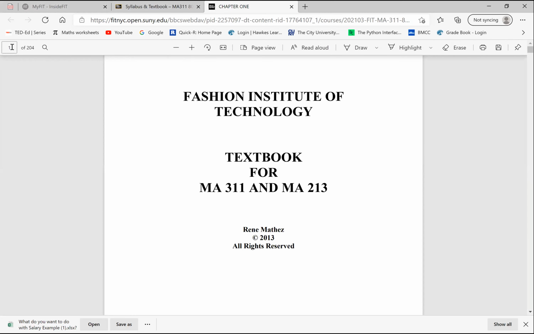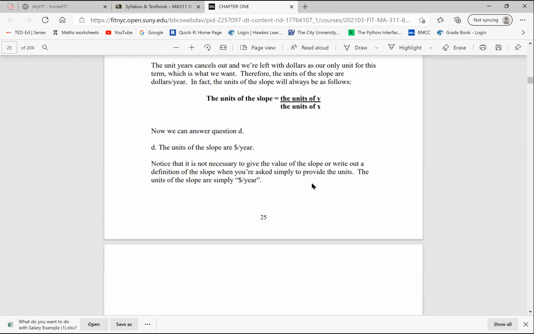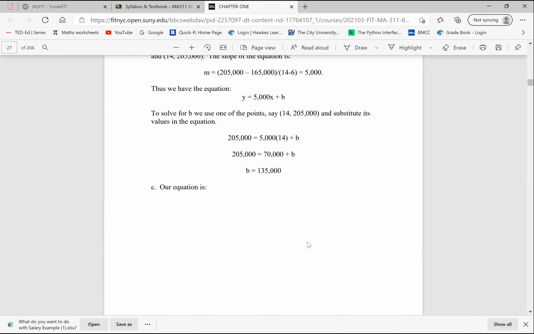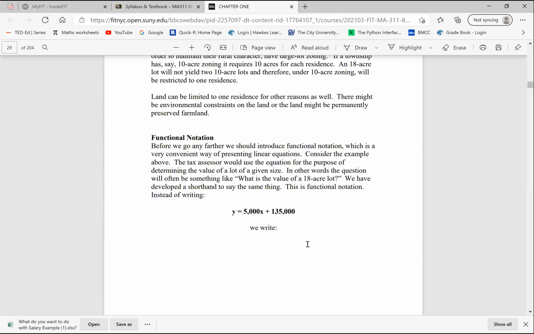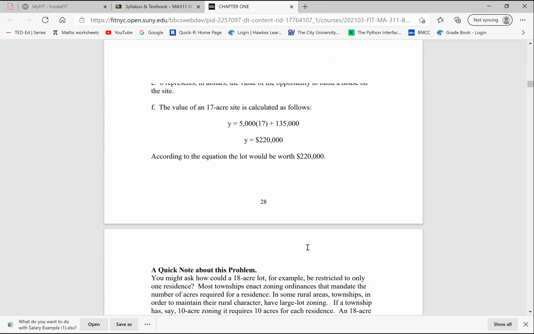Okay, I've got a question for section 1.5. You can see the screen, right? Yeah. Very good. So let's go to 1.5. Let's look at it.